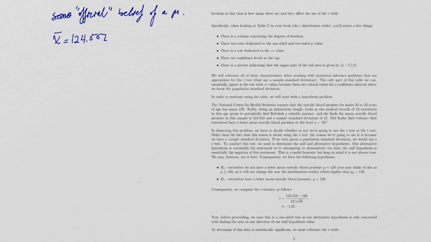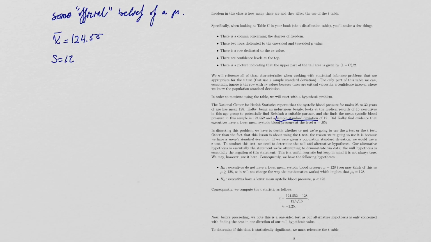And she found a sample standard deviation, so let's just keep that in mind. We're always going to have to know if it's a standard deviation or a sample standard deviation, or if she computes the standard deviation, something that alludes to either being theoretical or a standard, or a sample, something computed. So this is our key giveaway right here, that we're using a t-test. The key giveaway being the sample standard deviation business. And the sample standard deviation is going to be equal to 12.